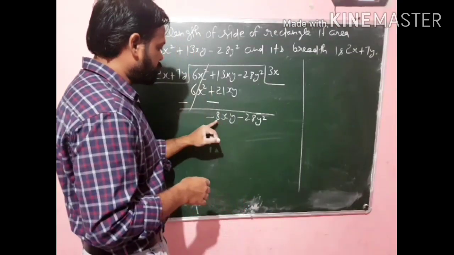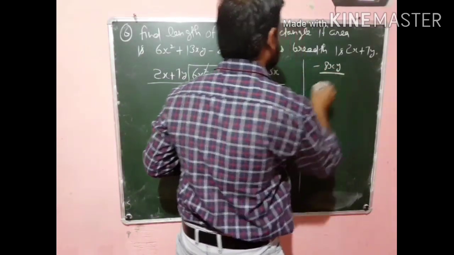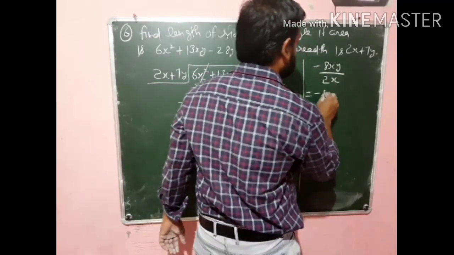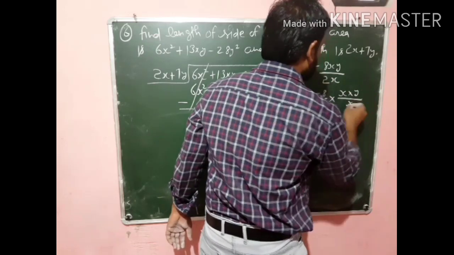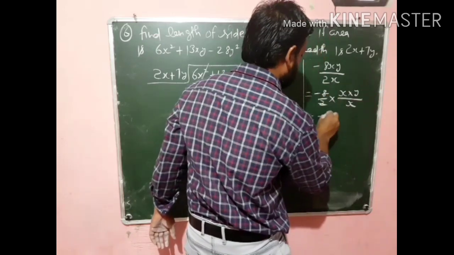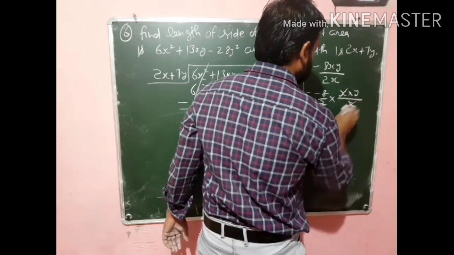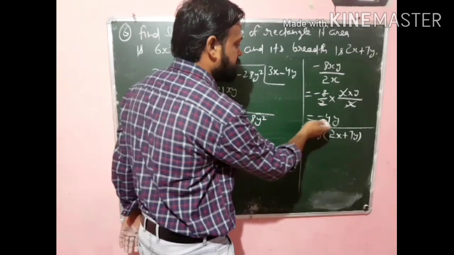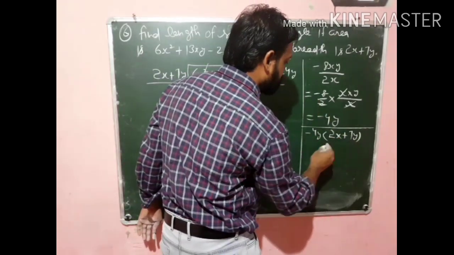Okay, now here is minus 8xy. Write down this minus 8xy here, and divide it again by 2x. Again divide the numerical terms and the variable terms. We get 4 twos are 8, minus 4, and this x is cancelled with this x, so we get y. This is minus 4y. Now we have to multiply this minus 4y with the divisor, so minus 4y into 2x plus 7y.